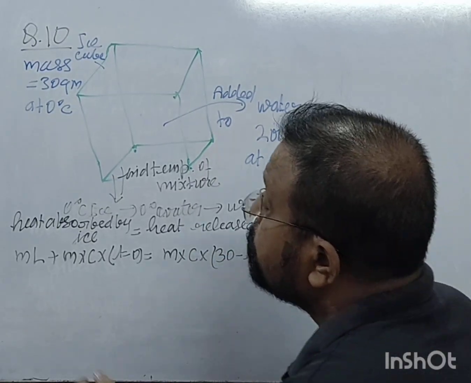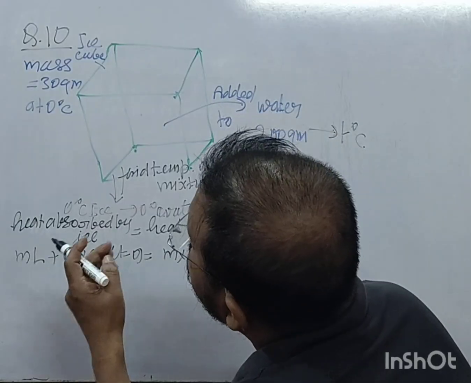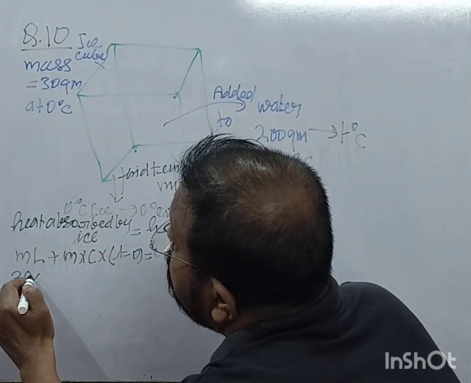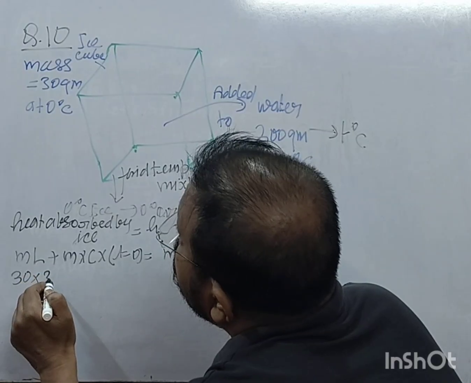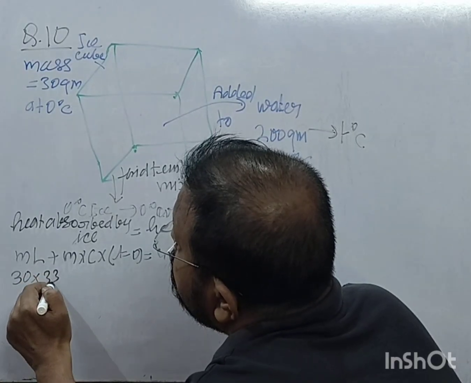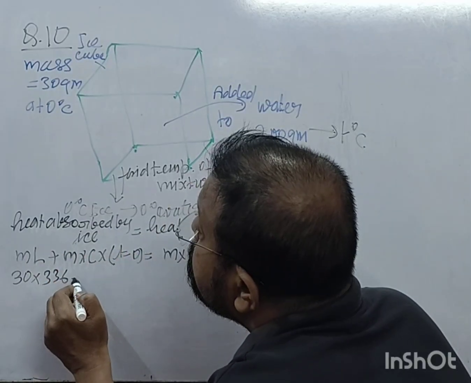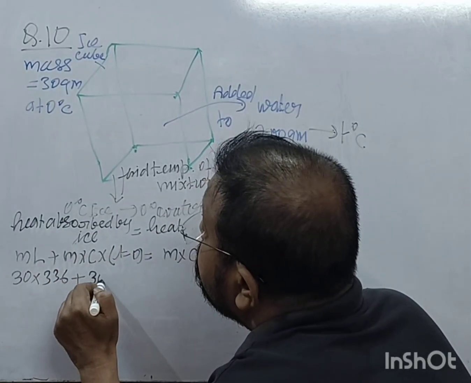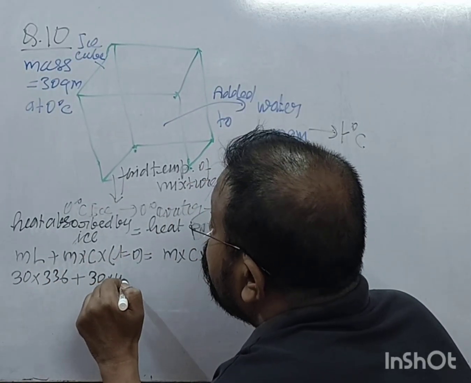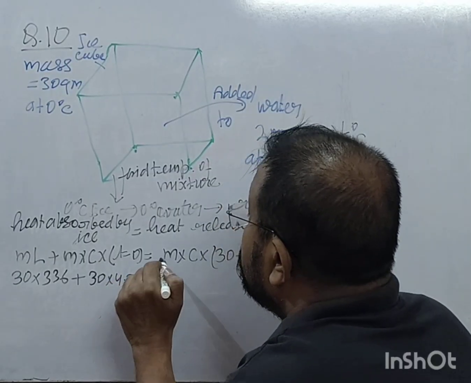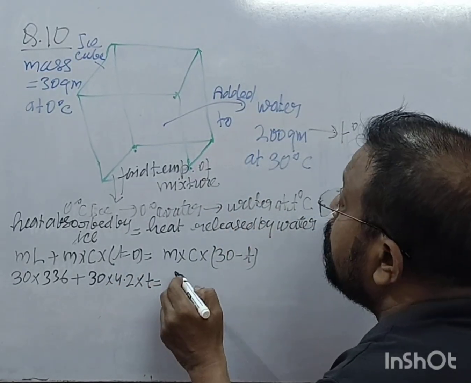So this is 30 into 336 joule per gram, plus 30 into 4.2 into T, is equal to water, which is 200 gram.